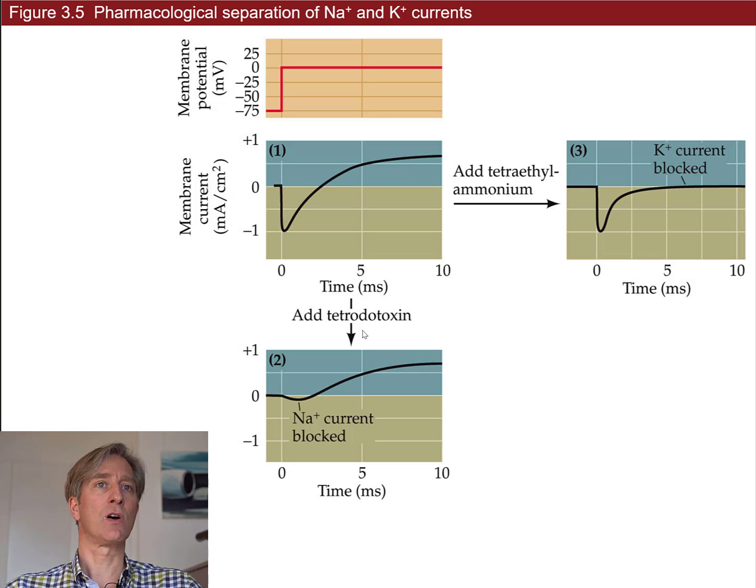When you use this tetrodotoxin, the sodium currents are blocked, and you get again the same effect, that the inward current is blocked. But when you add tetraethylammonium, then you block the potassium currents, and you can see that this delayed outward current is no longer there. So the delayed outward current is potassium dependent. It's potassium flowing across the membrane.